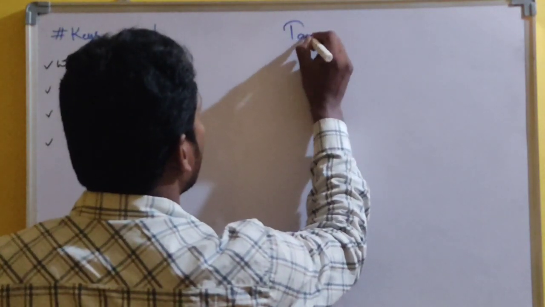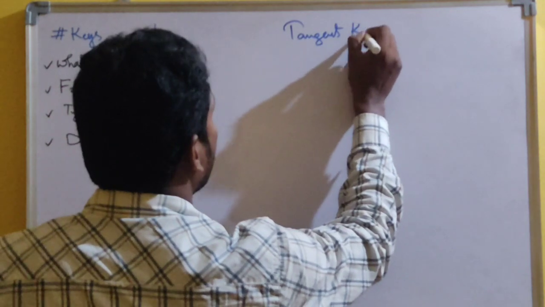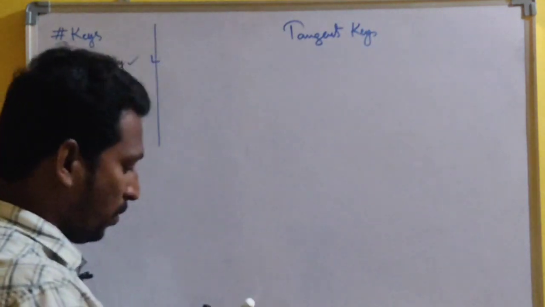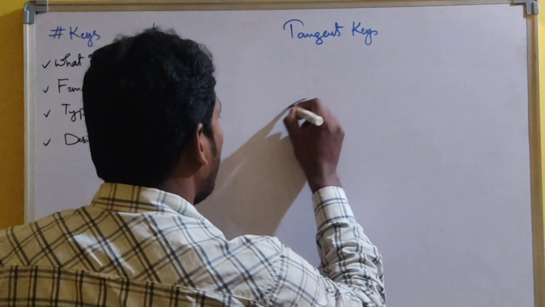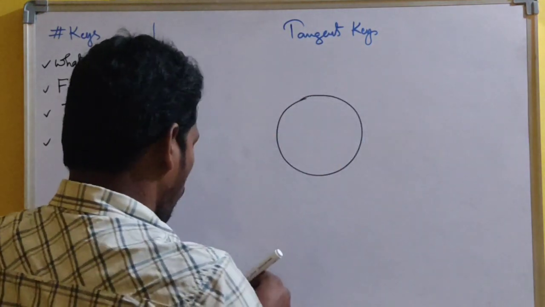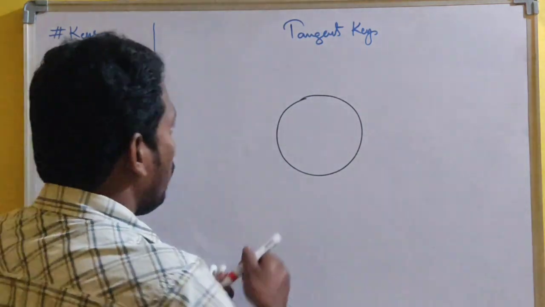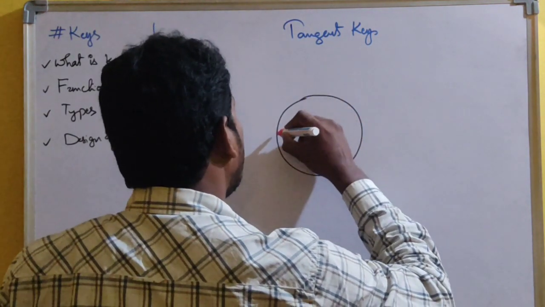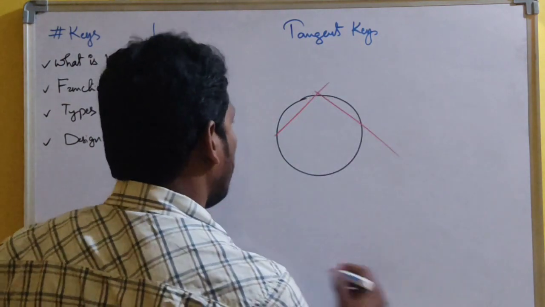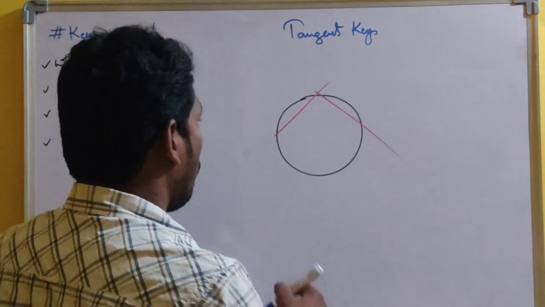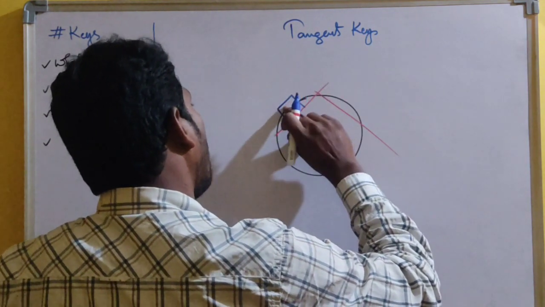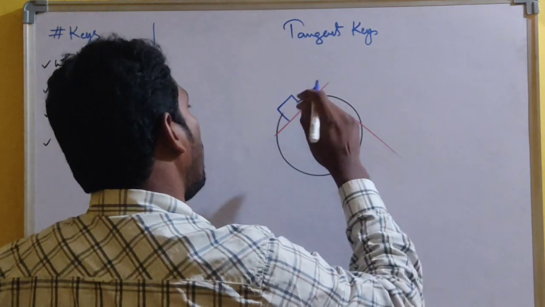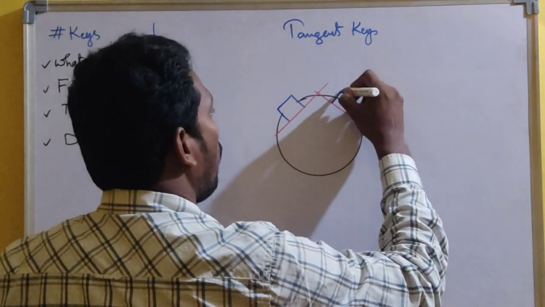And the next one is the tangent key. In the case of a tangent key, a pair of keys is used, arranged at a right angle. See that here this is one key and we have another key here.